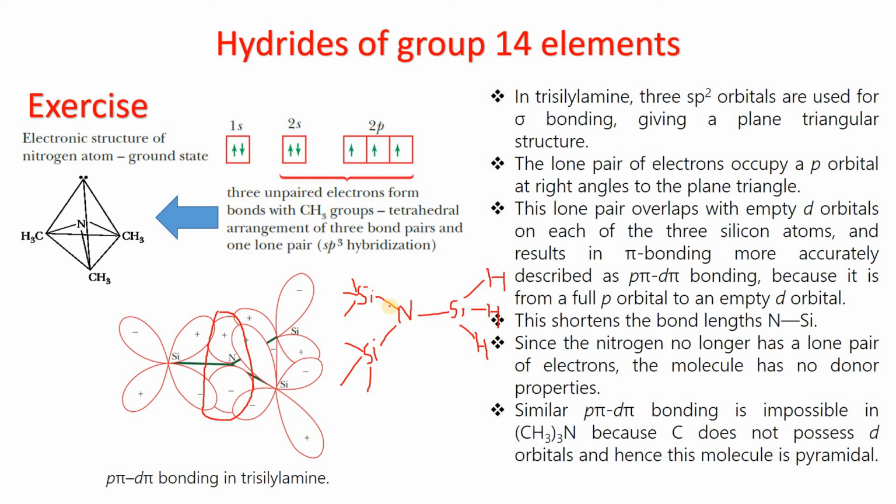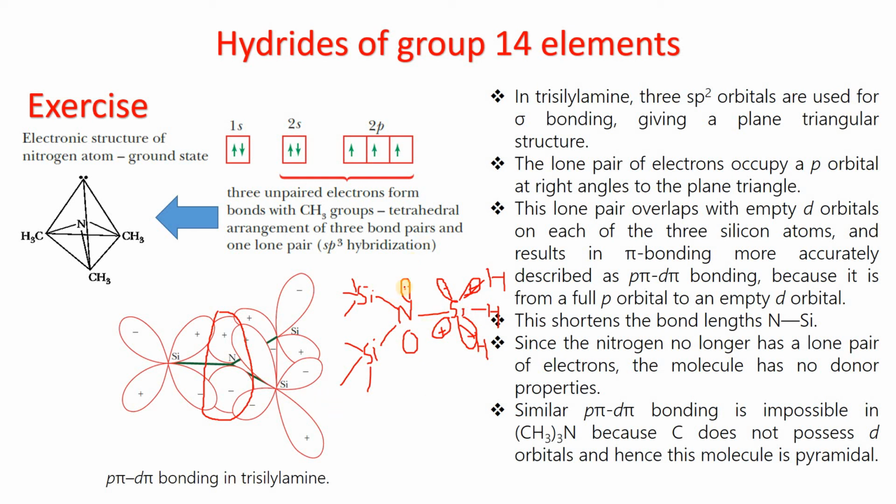So these 3 electrons are involved in the sigma covalent bonding, and a lone pair of electrons is left here in this orbital. And silicon also has the empty d orbital. This is plus, so this is also plus. This is minus, so this is minus.